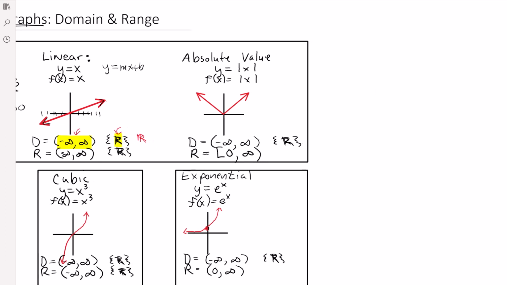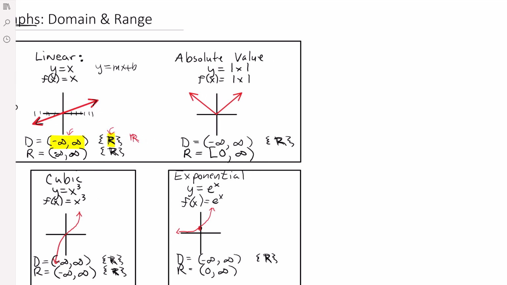All right, absolute value graph. Its lowest point is right there. So if you had y is equal to the absolute value of x plus 5, then that graph would be shifted up and would look like this. Now its lowest point, whatever that value is right here, that is going to be the range.